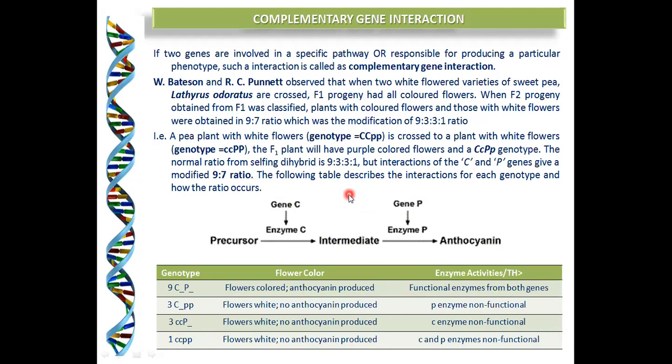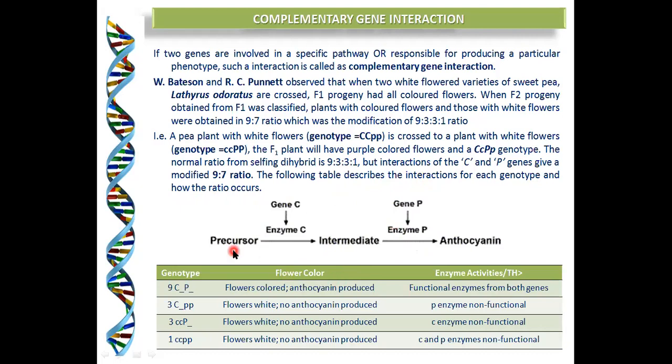Now, how is this ratio obtained? The following table describes the interaction for each genotype and how the ratio occurs. So the explanation of the modification of this 9:3:3:1 ratio is given with this diagram and this table.